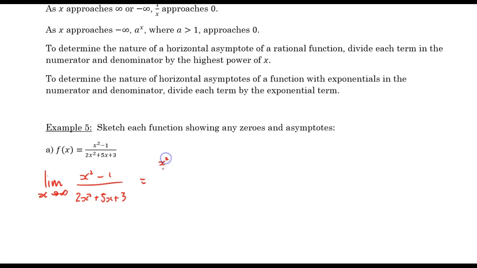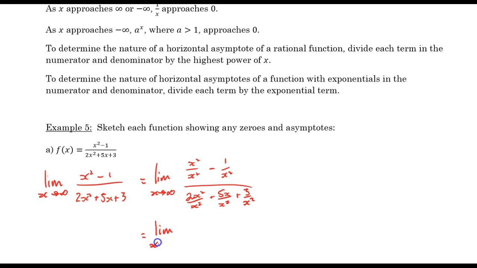So this equals the limit as x approaches infinity of x squared over x squared minus 1 over x squared, over 2x squared over x squared plus 5x over x squared plus 3 over x squared, which will be the limit as x approaches infinity of 1 minus 1 over x squared, over 2 plus 5 over x plus 3 over x squared, just cancelling some of those x's.